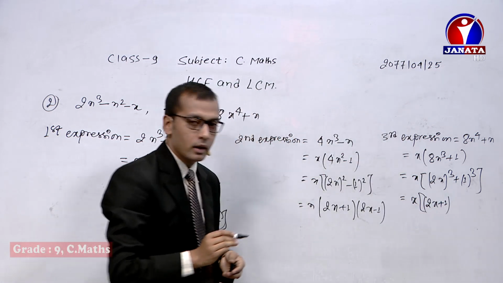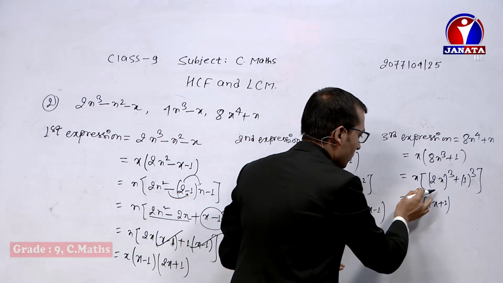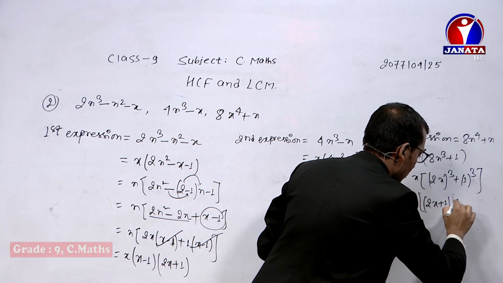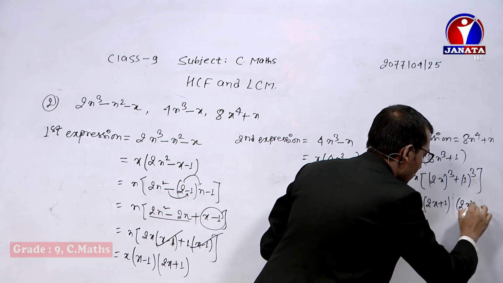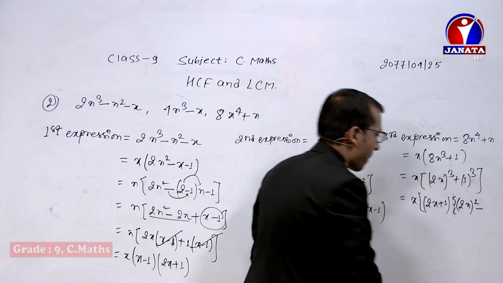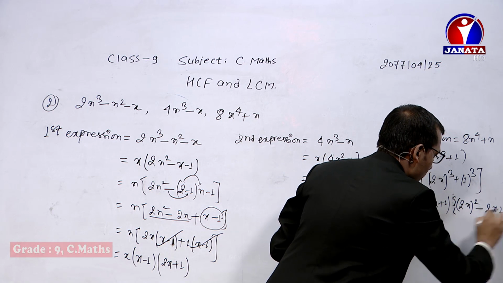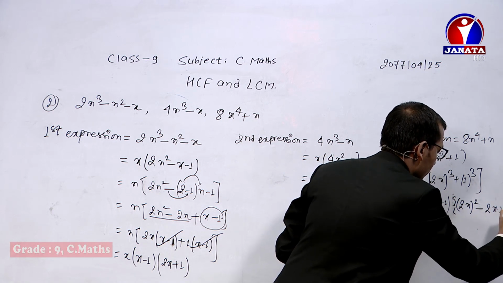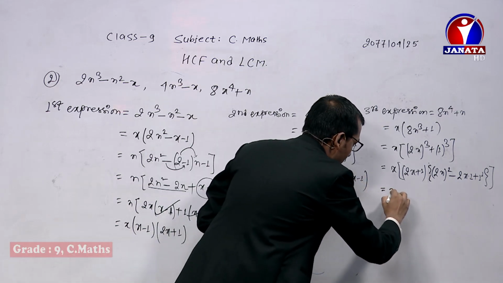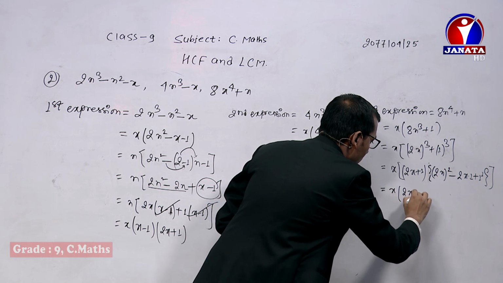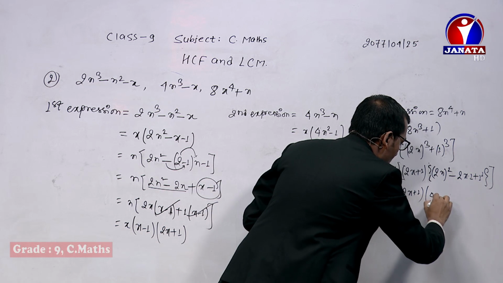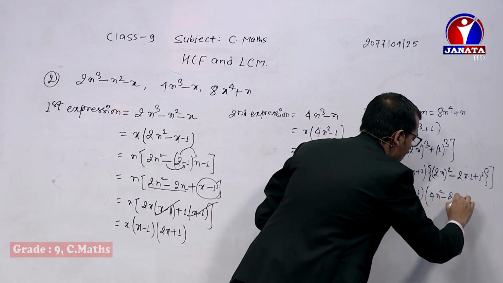The second factor is a square minus ab plus b square: 2x whole square minus 2x times 1 plus 1 square. So this is x times 2x plus 1, I am writing the same factor, times, next, 2x whole square is 4x square minus 2x plus 1.